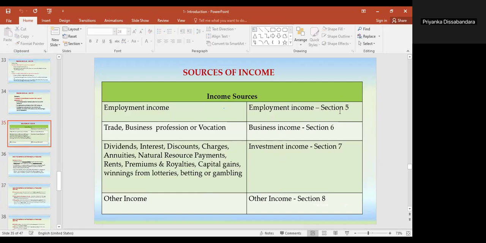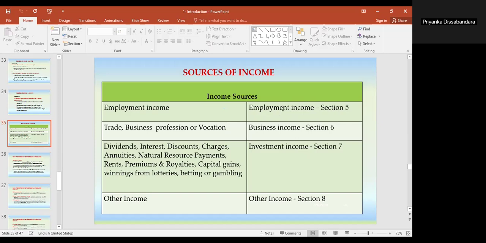Because we have a specific section for a specific type of income. In these specific sections, that section itself explains the amounts we have to include in calculating the employment income.